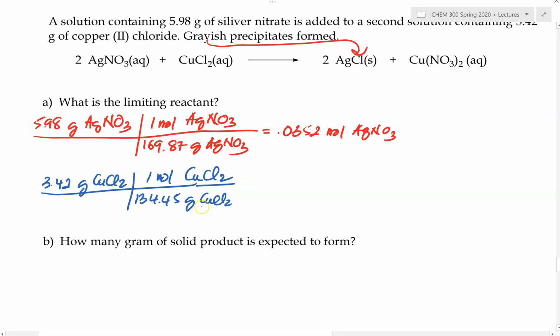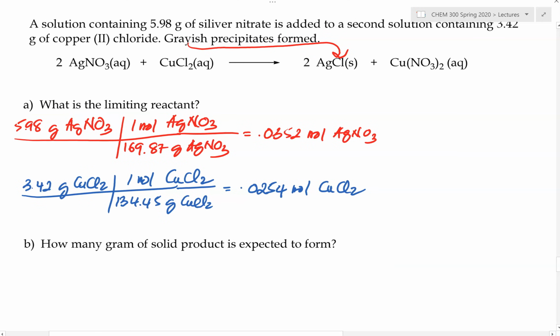And again, we have to put gram of copper 2 chloride on the denominator, so that way it will get cancelled out. And solving for this will then equal to 0.0254 mole of copper 2 chloride. So that will be the amount of mole of both of these reactants.